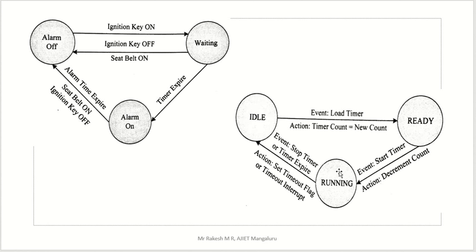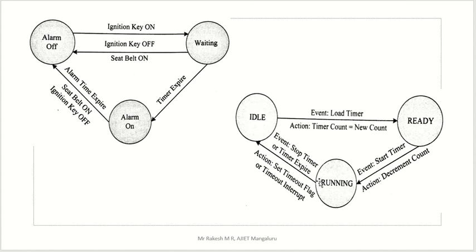Now here your alarm is on, that is the running state. Now what are the next action and events? From alarm on to idle condition, what is the event? The event is stop timer or timer expire.